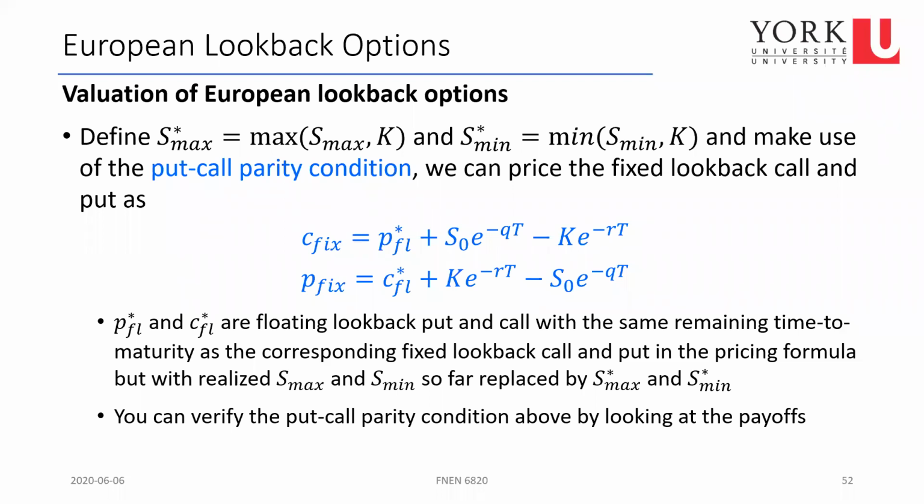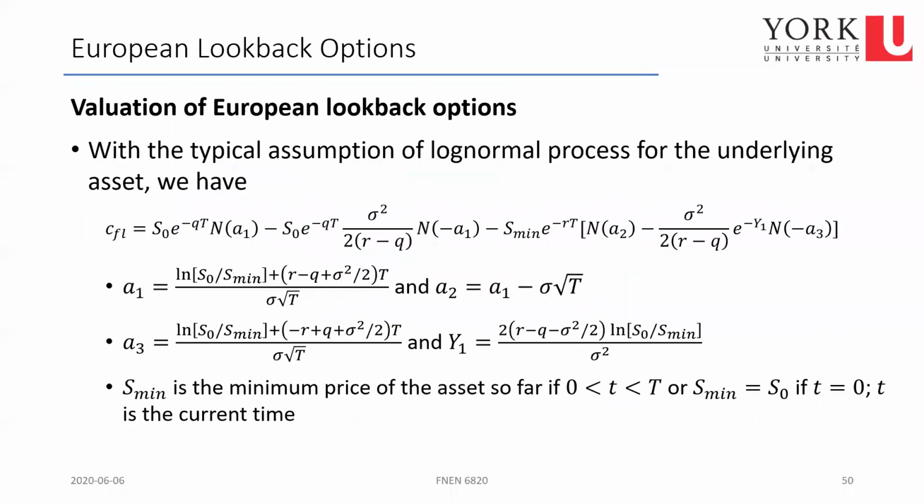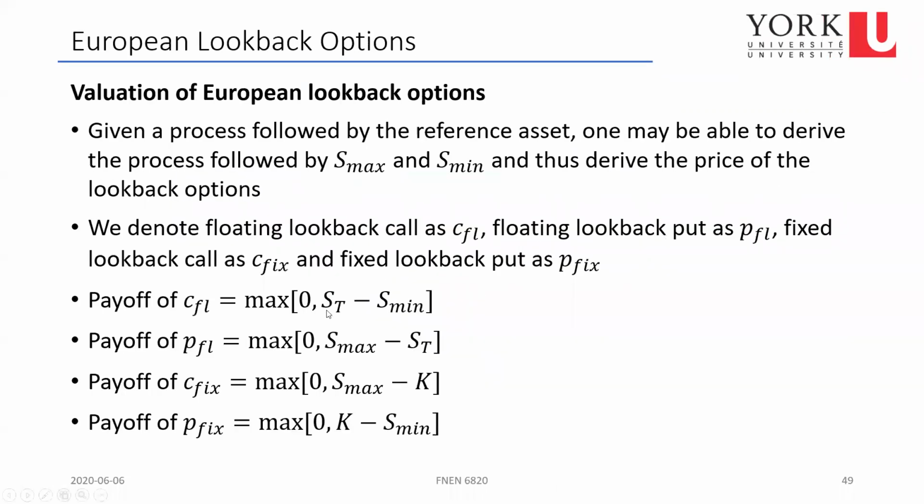The reason there are look-back options in the market is because marketers try to tell their clients that this kind of option provides value to the client. If you look at the payoffs here for the floating call, it's really the best you can ever have.